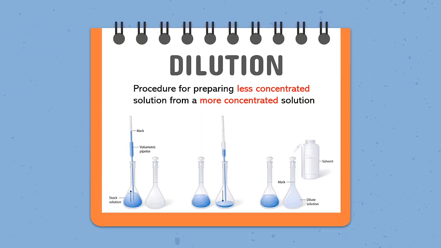When dealing with solutions, you also need to know a procedure called dilution. It is used to prepare less concentrated solutions from more concentrated solutions. So how is this going to look? We are going to take a small amount of stock solution in here by using a pipette for a more accurate reading, and then transfer it to another volumetric flask. When we use a volumetric flask, it is more accurate in terms of its reading because we have this calibration mark.